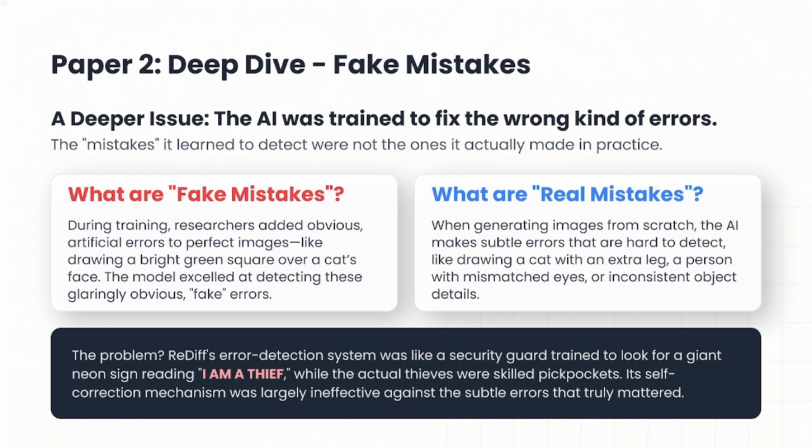Because the model was heavily trained to fix fake mistakes, it became highly optimized for a specific error distribution. When it was deployed for real inference and started making its own errors, the corrective framework often failed to recognize them. It is akin to training an autonomous driving algorithm in a simulated video game environment. The moment it encounters the lighting of the real world, the distribution shift causes it to fail.